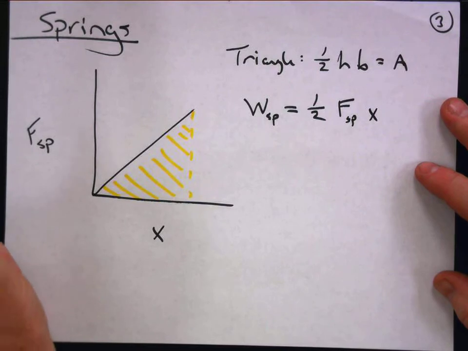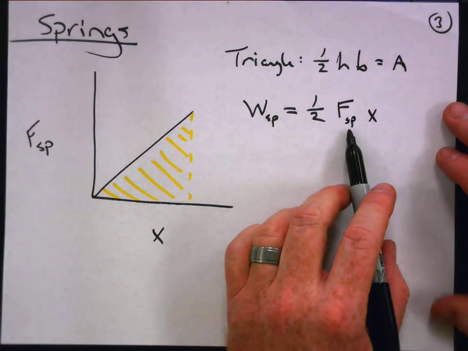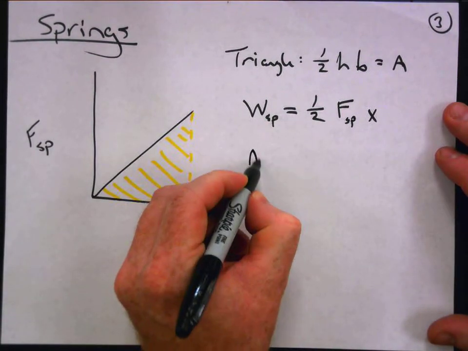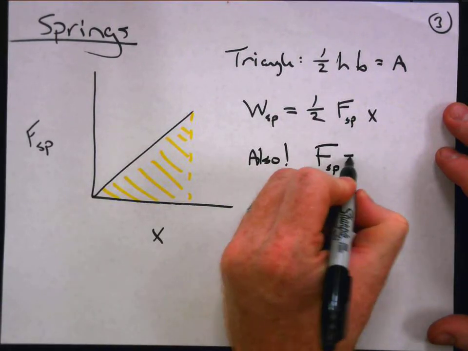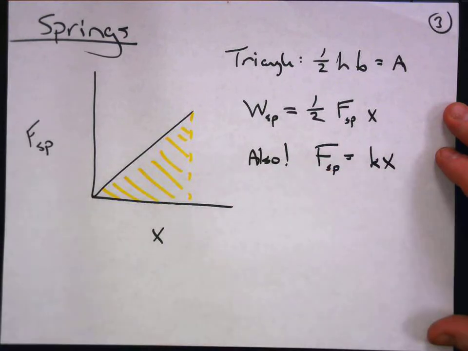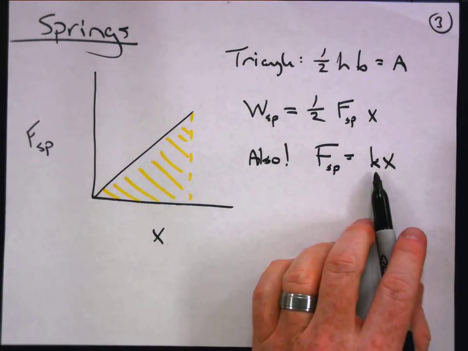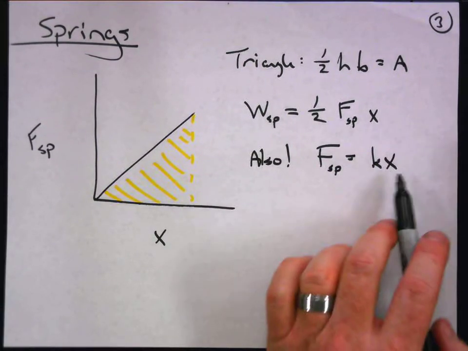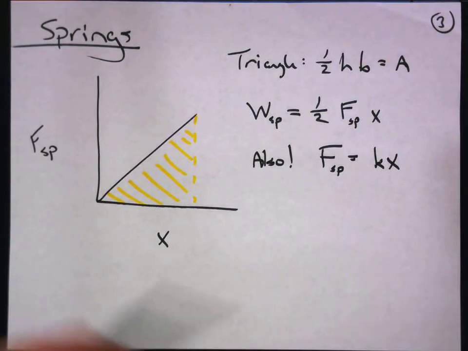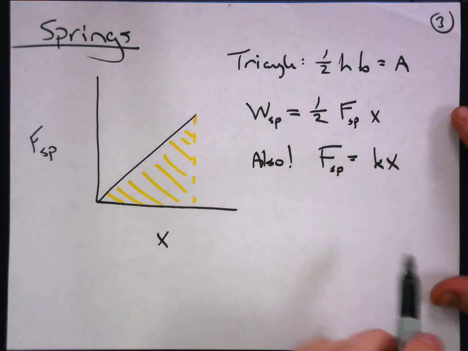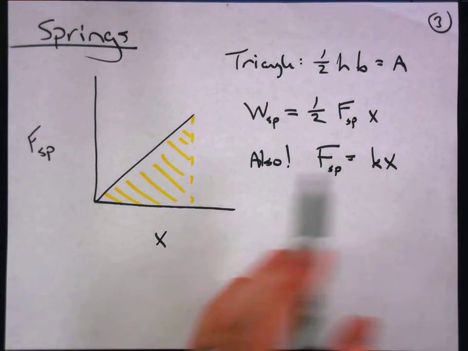Okay. But I remember something. Also, I remember spring force is kx, where k is the spring constant and x is the same x. It's the displacement of the spring, either stretching it or compressing it. Okay, so can I just, you know what, I'm leaving out the minus sign.